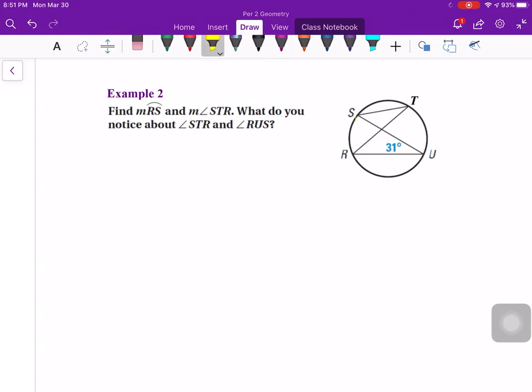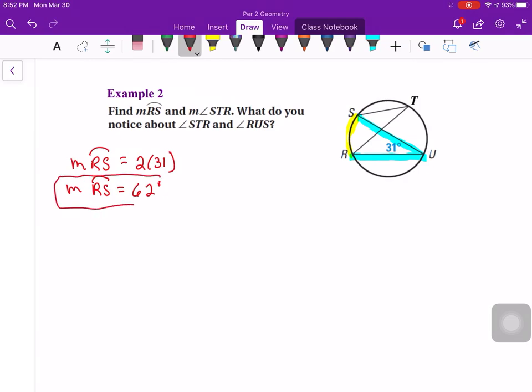Example 2. We're trying to find the measure of arc RS. So arc RS would be this one. The inscribed angle associated with it would be this one. So the measure of arc RS is going to be 2 times 31. The measure of arc RS would be 62 degrees.